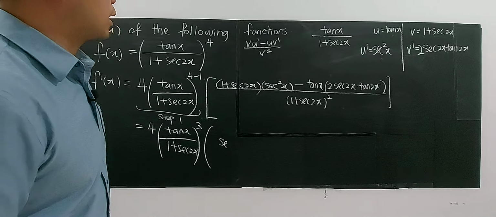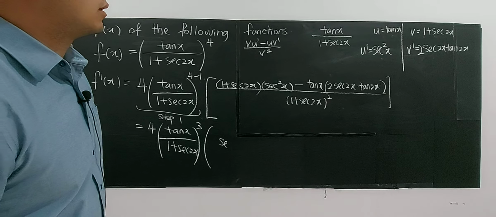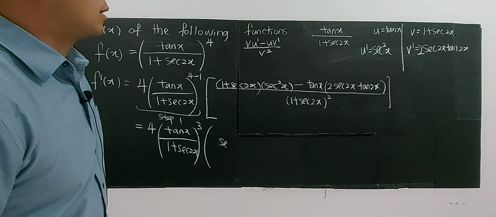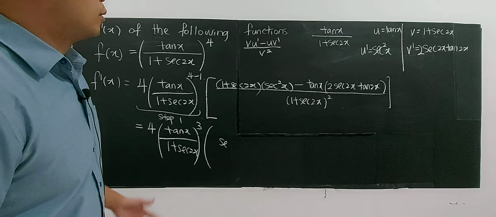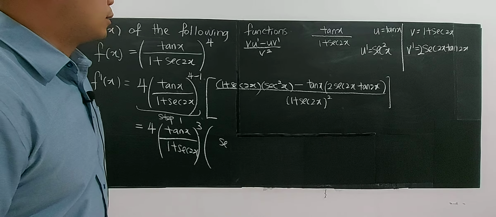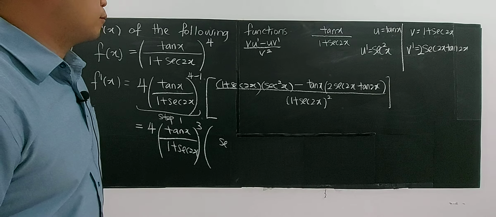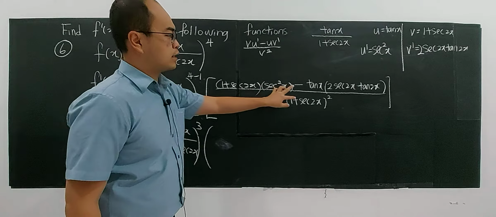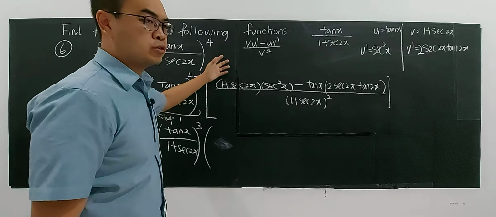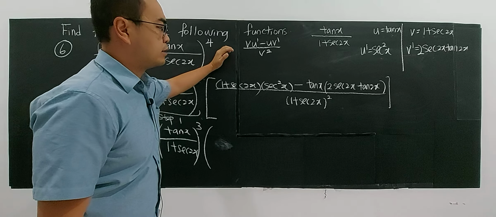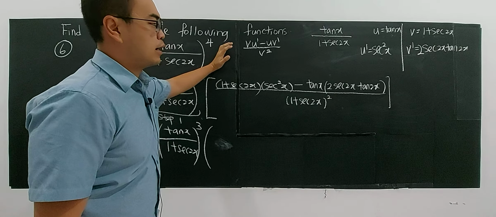Okay, let's see what we can do about this. I think the best thing here is to leave it, because if you want to simplify further, you need to use trigonometric identities and double angle formulas. For me, I will just leave this as an answer because there is nothing I can factorize here.